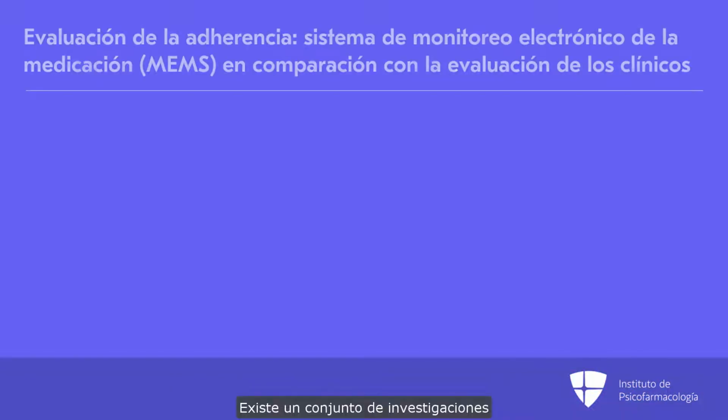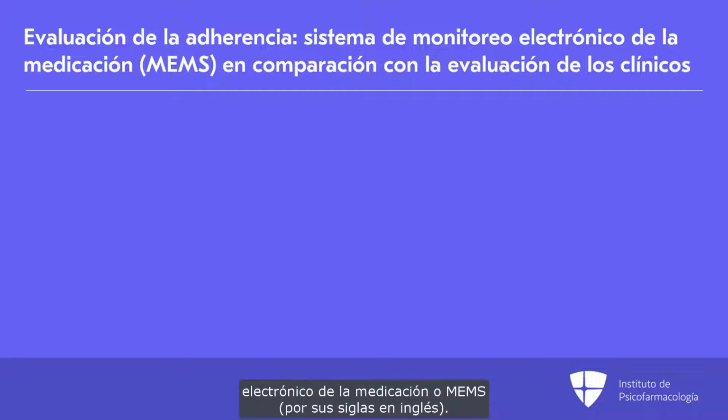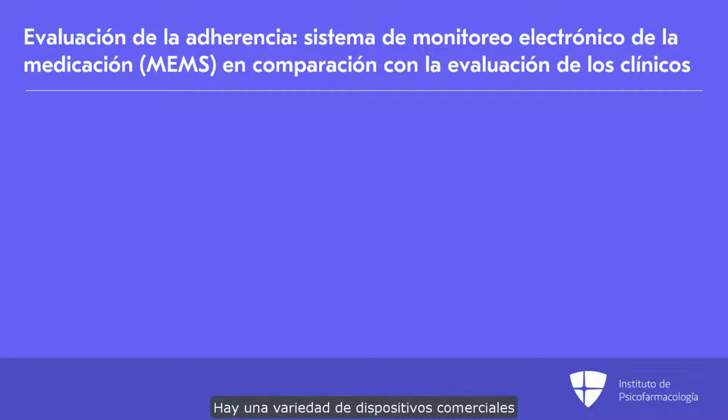There is a body of research that addresses the question of, can physicians identify poorly adherent patients? So, correlations between electronic medication taking monitoring systems, such as one called the MEMS system, which is medication events monitoring. There are a variety of commercial devices that can assess this.